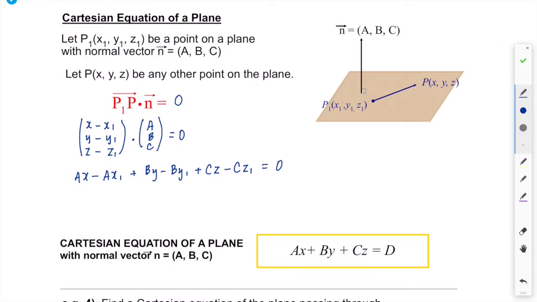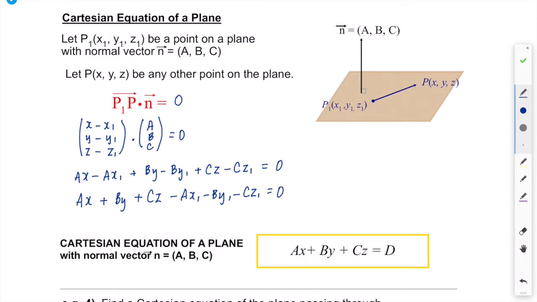I will gather like terms, or terms that actually have numerical values. So separating the variables, I have ax plus by plus cz, and then minus ax1 minus by1 minus cz1. Okay, so that's equal to 0.